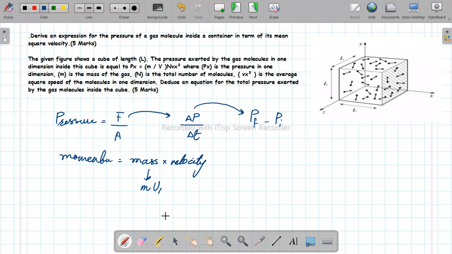But as mentioned earlier, for the sake of simplicity, we are going to consider the x component of velocity for the time being. So we must write this velocity as v1x, that is the x component of the velocity of the first molecule. This is the initial momentum, right?